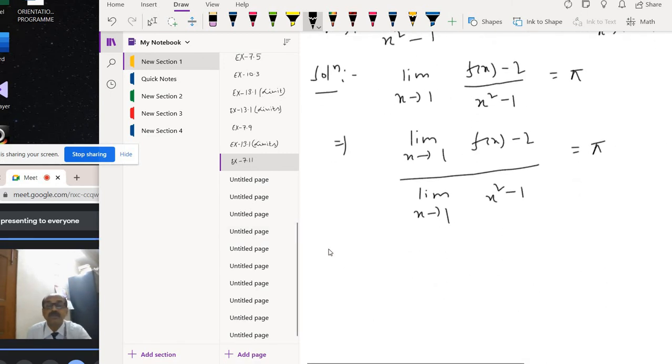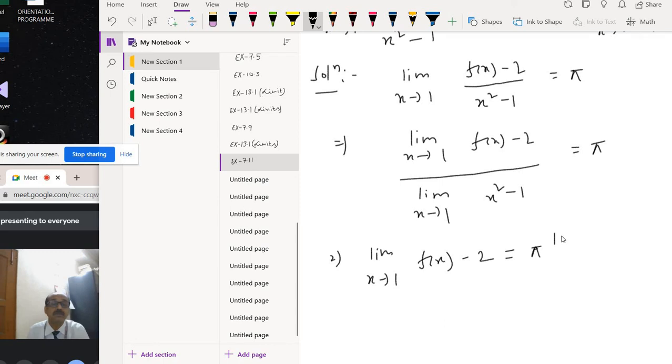Then we can cross multiply. So limit x tends to 1, f(x) minus 2 equal to pi into limit x tends to 1 x square minus 1.